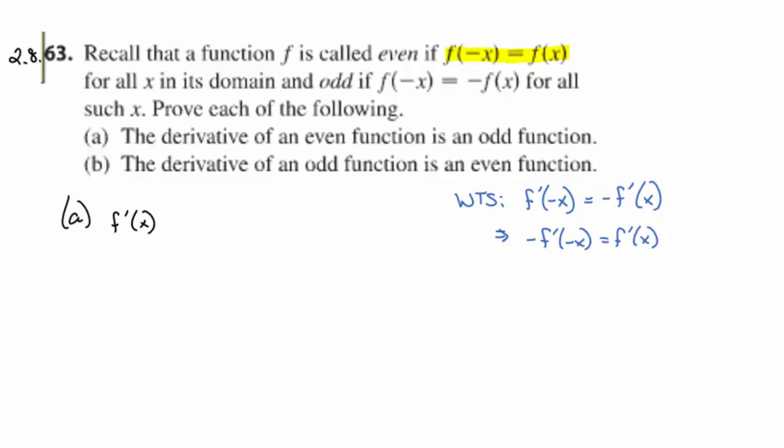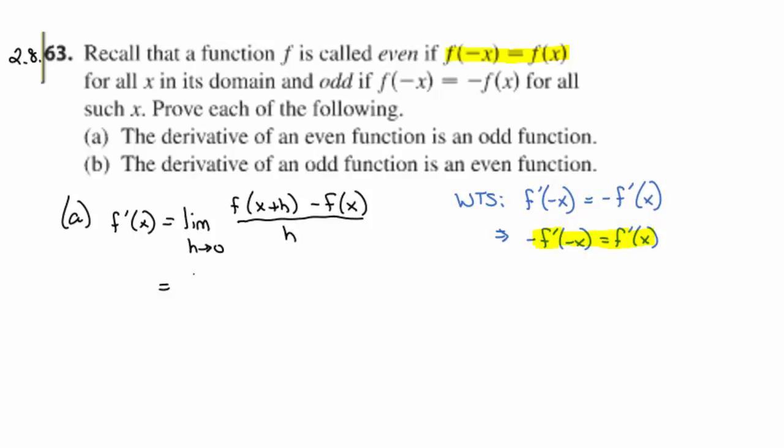So this is actually the version I'm going to use here. I'm going to go ahead and just take a look at the derivative of f first. And then I'm going to hopefully transform that into the opposite of the derivative at negative x. So I always start with kind of a roadmap of where I want to go. So we happen to know that the derivative of f of x is just the limit as h approaches 0 of f of x plus h minus f of x all over h.